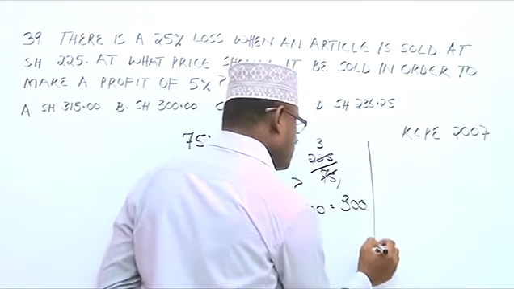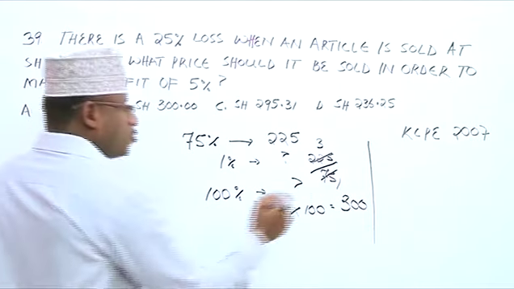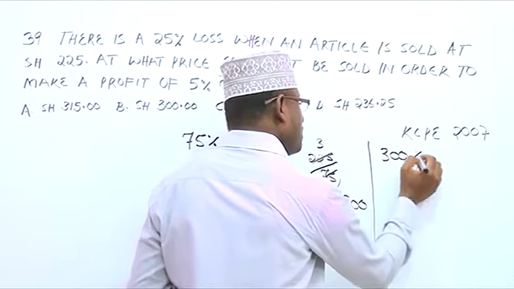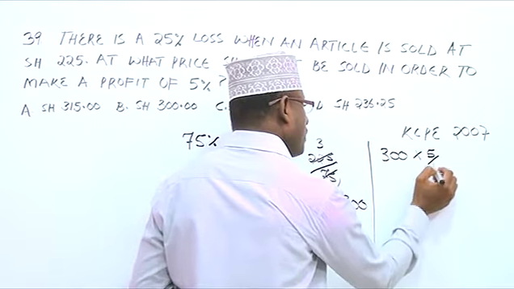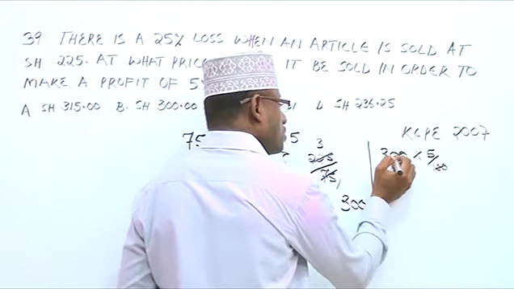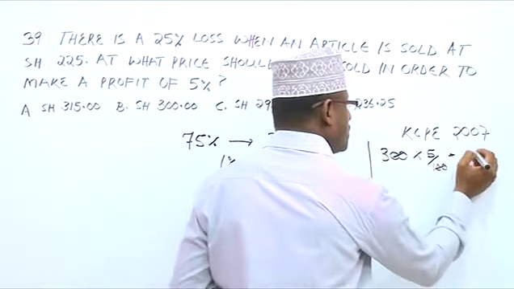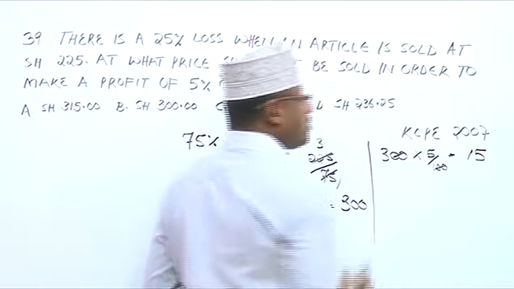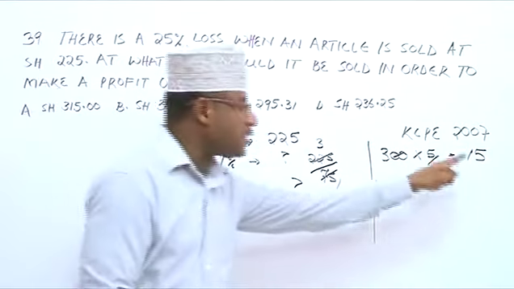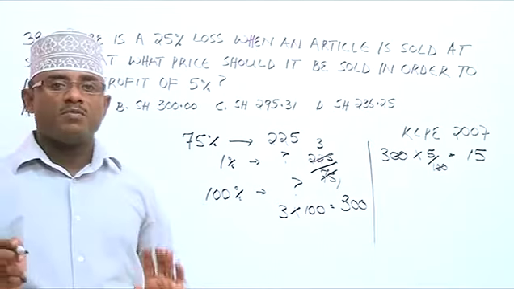So it will be 300, the buying price, multiplied by 5%. We want to calculate the profit. So 2 zeros, 2 zeros. 3 times 5 is 15. So this is the profit we want to make. The 5% is 15 shillings.